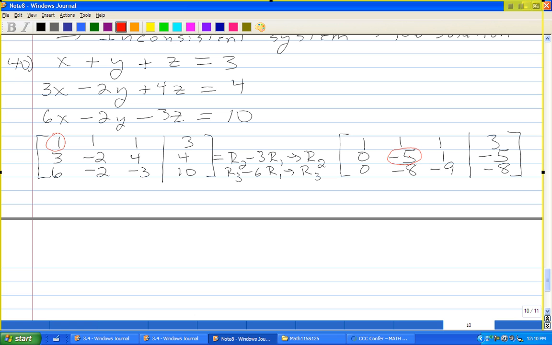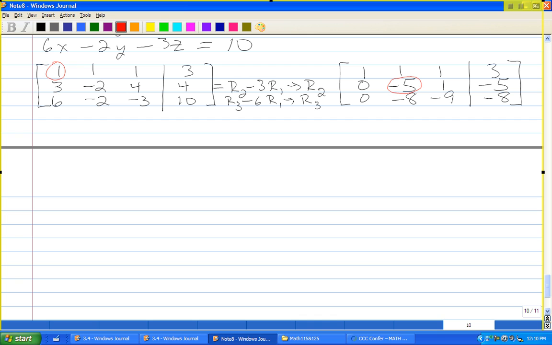Now what I'm going to perform is what's called fraction free. So in classical Gauss-Jordan, I guess I should say what these two techniques are.